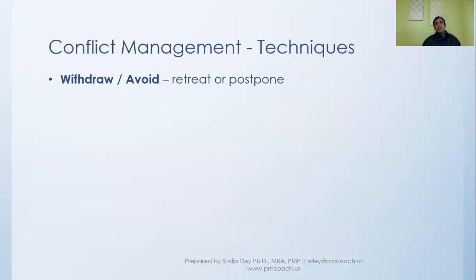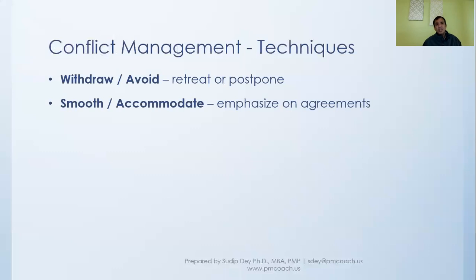This might take place when it is not so important, and we don't have to worry about it now. This is when it is something that will probably eventually die anyway. So depending on the circumstances, sometimes you might want to take this particular approach.